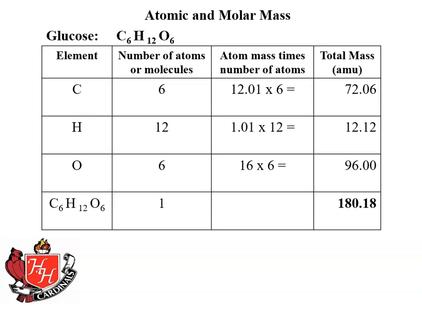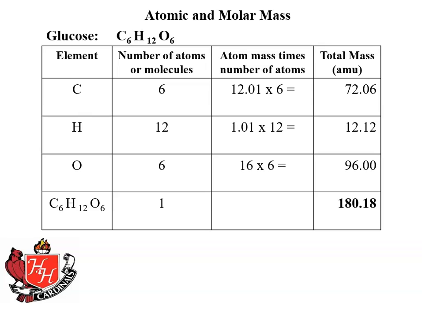But we want to figure out what that weighs. What's the mass of that molecule? So we just simply count the atoms, and we multiply by the atomic mass of each of the atoms. So carbon, there's 6 atoms. Each one has a mass of 12.01. You get that off your periodic table. Hydrogen's 12 atoms, and the atomic mass of that is 1.01. Multiply those two.